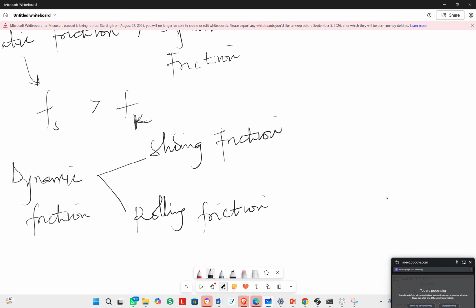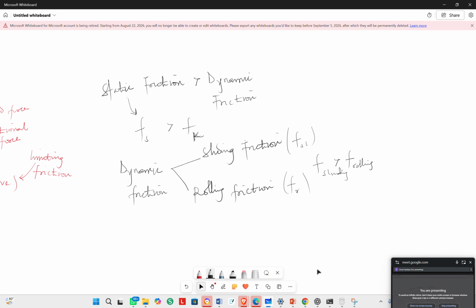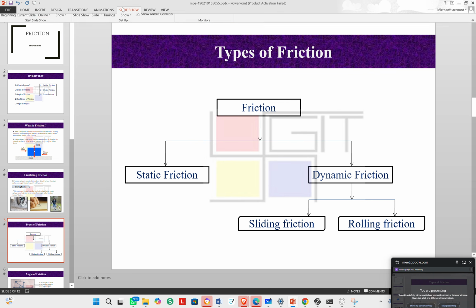So between these two, let's suppose this one is f of SL, that's sliding, and this one is f of R, rolling. So you expect f of SL to be greater than f of R. That is what the slide is trying to tell you. So let's continue quickly.